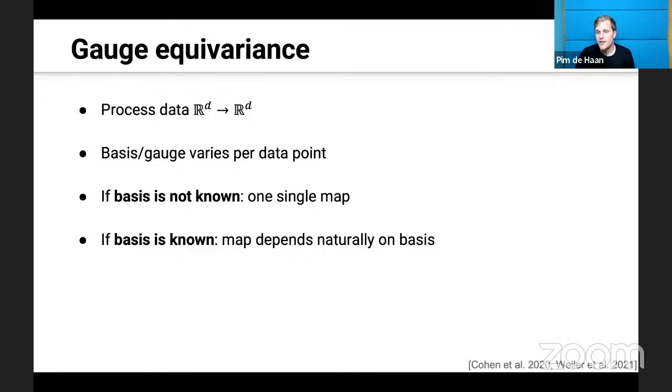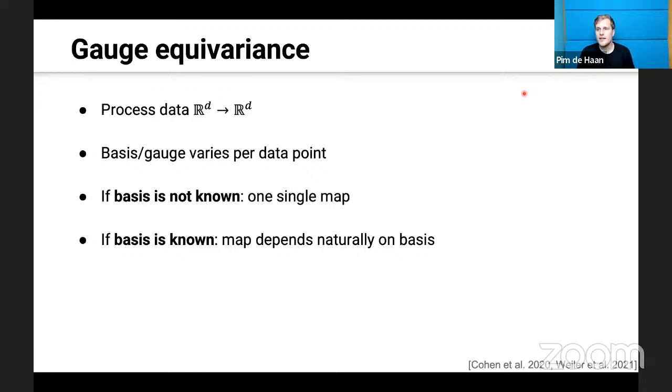We have d-dimensional data, and we would map linearly from a d-dimensional vector space to a d-dimensional vector space with a matrix. Importantly, the basis, also called gauge, varies per data point. Now we have two different versions.